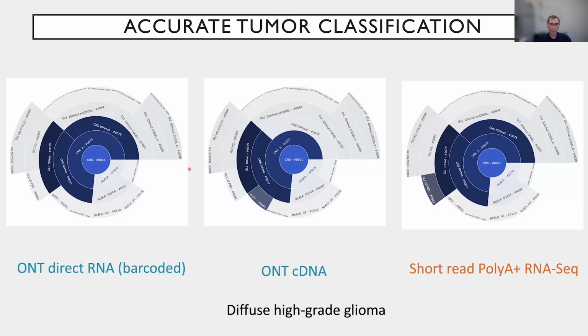There's a little bit of subtle difference, but as I mentioned earlier, the major clinical subtypes of the disease, which in this case is the diffuse high-grade glioma, are maintained across, and we're super excited about the direct RNA sequencing barcoded edition going forward.